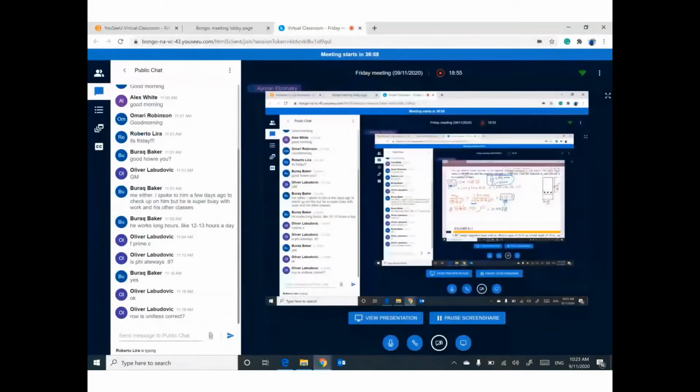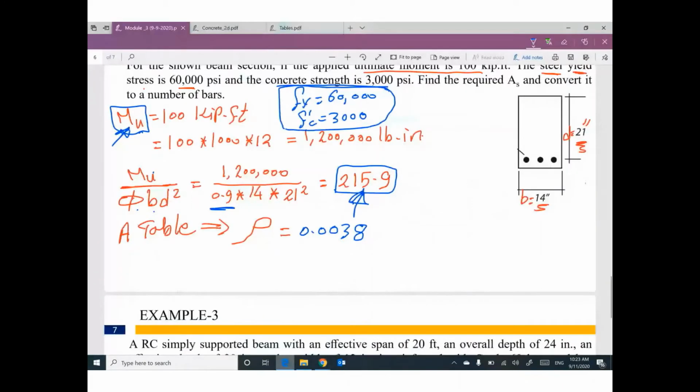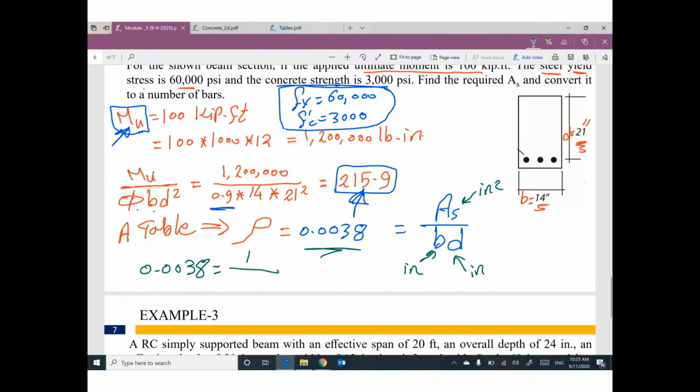Yes. Rho equal area steel divide B times D. B in inch, D in inch, area steel in inch square. So rho is dimensionless. You are right. Okay, so 0.0038 equal area steel divide B 14 times D 21.